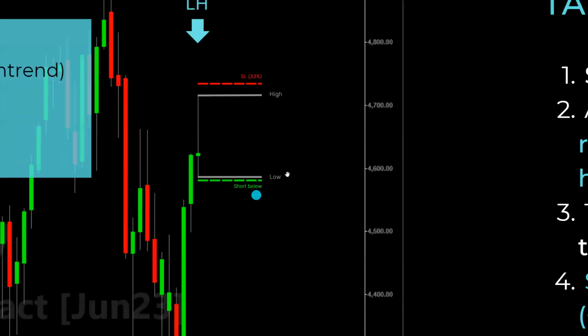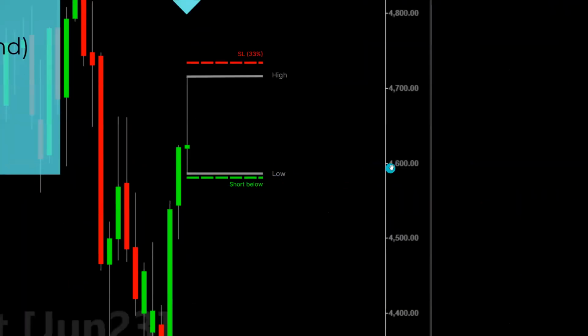Okay, that means our low is here, for example, 4,590. Our short will be 4,585. Okay, 85, 86, 87, up to you to avoid fake outs. If we trade below, if we see weakness, then we are looking for momentum, not fake outs.